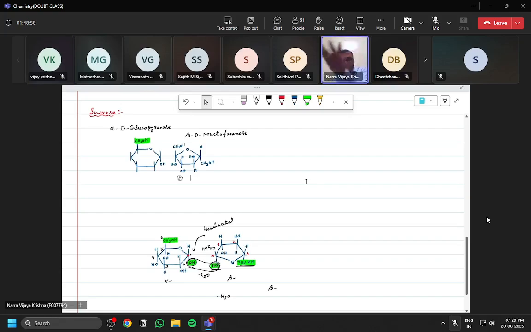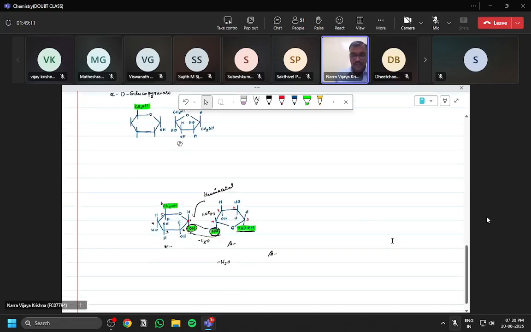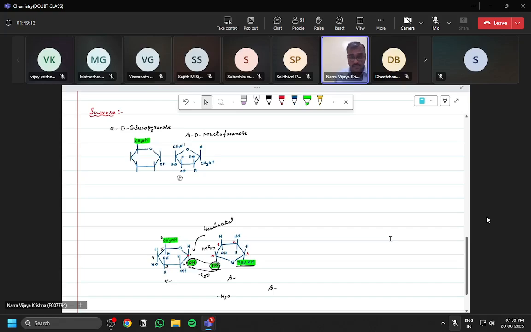I am just rotating the molecule, nothing there. Or I am taking the mirror image 2 times. Clear? Any questions? No, sir.